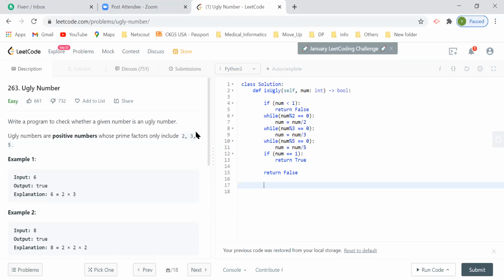So what if it's a negative number? Because it's given an int, right? It doesn't matter for this. Actually, I don't think you need to use the if statement on line 4 as well.